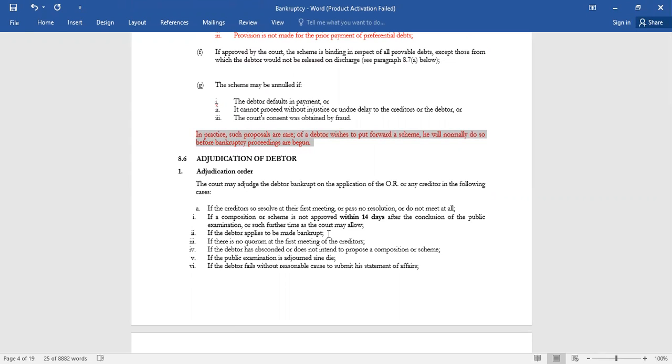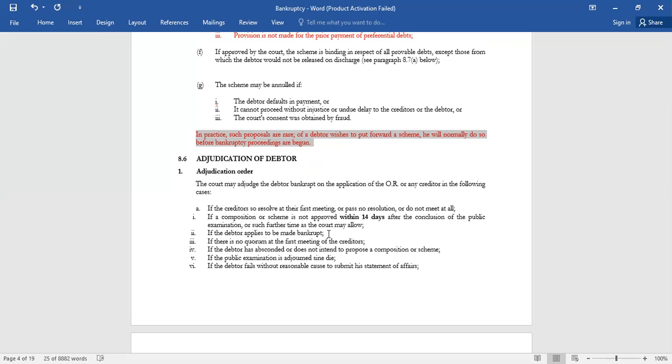Now, let's come to the adjudication of the debtor. The court may adjudge the debtor bankrupt on the application of the official receiver or any creditor in the following cases. If the creditors so resolve at their first meeting, or pass no resolution, or do not meet at all.